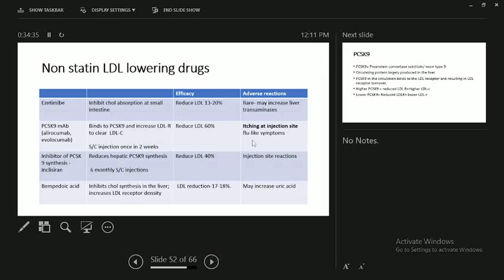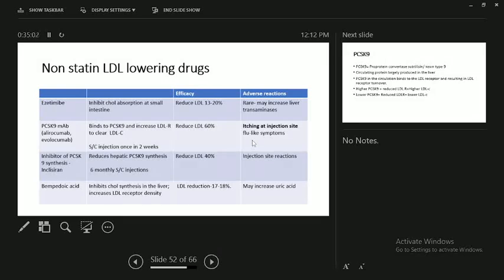These are very potent drugs. They reduce the LDL by more than 60%, and also reduce hepatic synthesis. Both have to be given subcutaneously, so it's somewhat difficult, and remember these are very expensive drugs. I don't think we can use them.